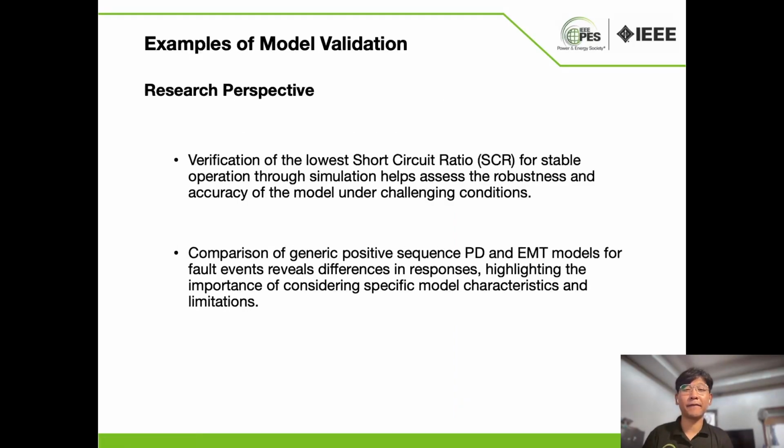Researchers focus on verifying the robustness and accuracy of models under challenging conditions, such as low short circuit ratios. They may also compare different types of models to understand their strengths and limitations in capturing specific phenomena.